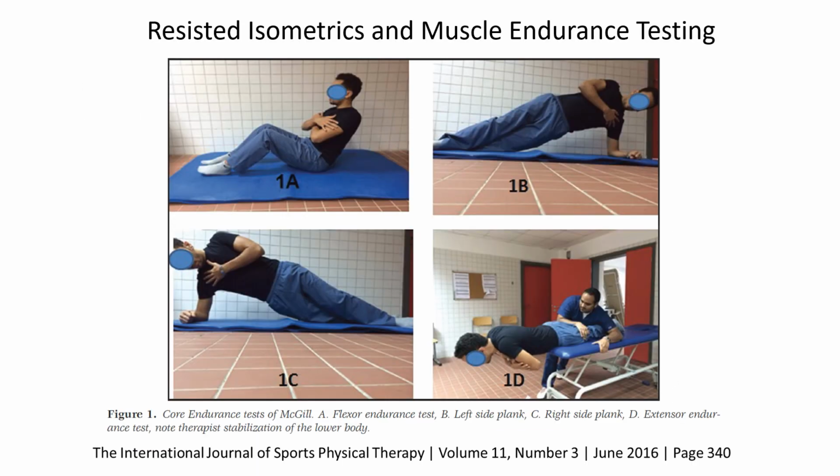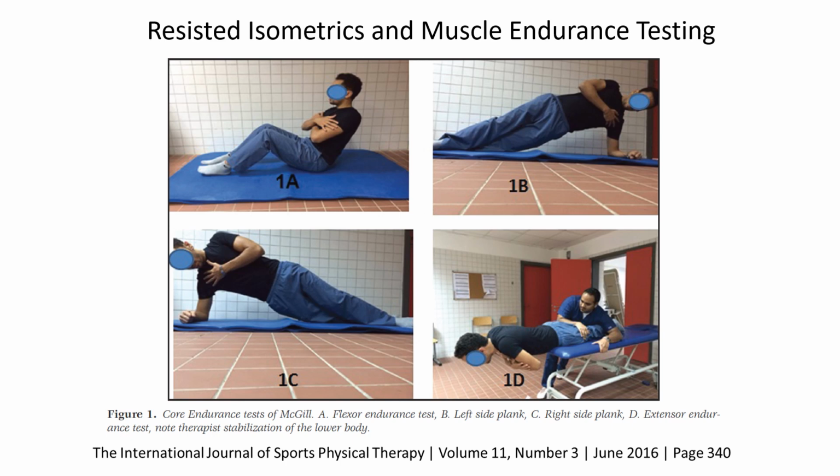In addition to manual muscle testing, we can also assess resisted isometric and muscle endurance performance as well. And these tests are nice because they assess performance beyond that one repetition that we sometimes see for manual muscle testing. And in some cases, these types of tests are a little bit more indicative of performance of the trunk musculature.